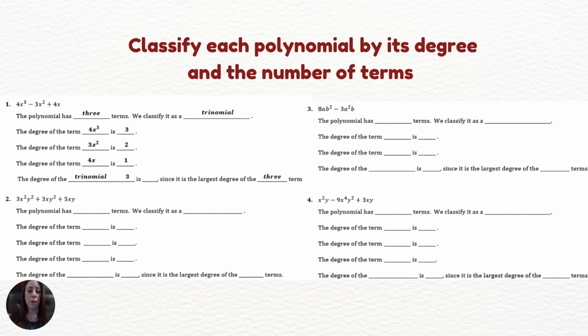I think it really helped the students that because it was broken up, they were able to identify the two terms, the three terms, and so forth, and then identify the degree. But again, students were forgetting that if it doesn't have an exponent, that would be an invisible 1. So they weren't adding that extra 1 for the degree of those terms.